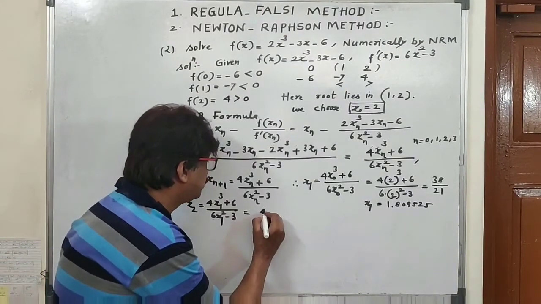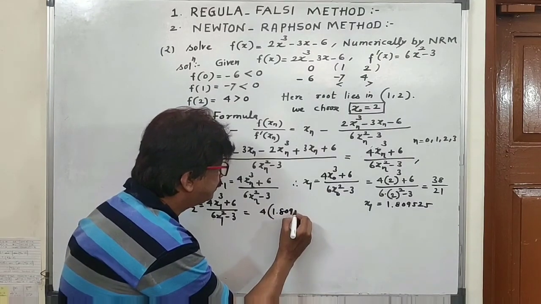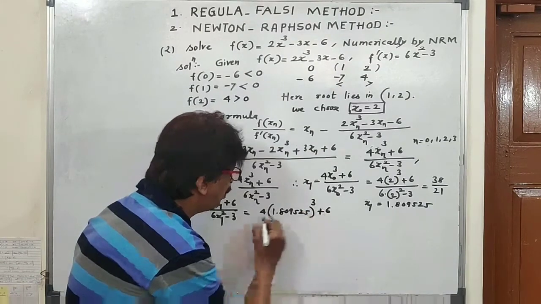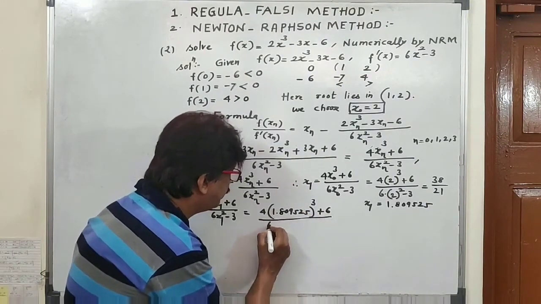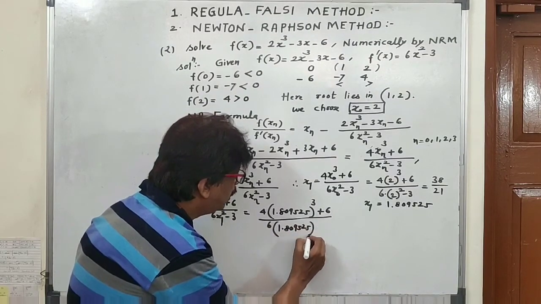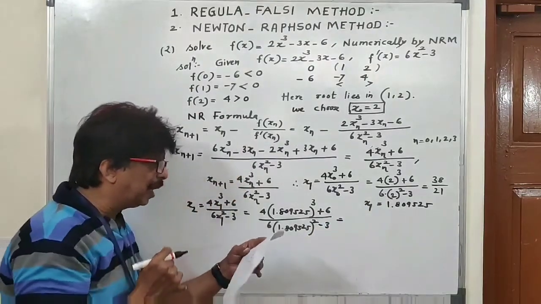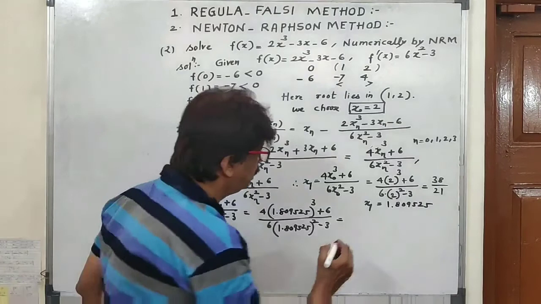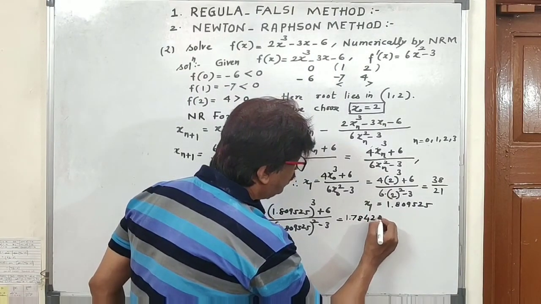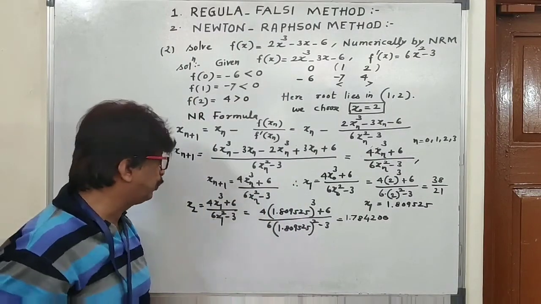So it is 4 times 1.809525 cube plus 6 upon 6 times 1.809525 square minus 3. This comes out as 1.784200. This is the value of x₂.